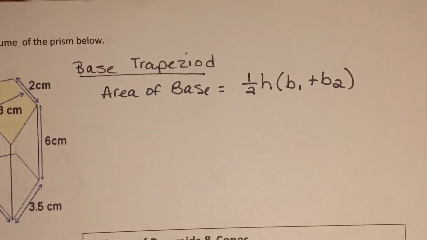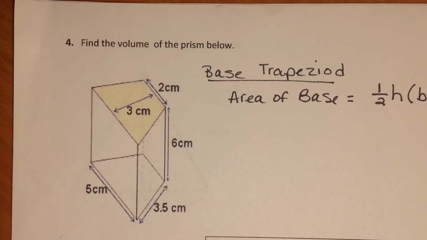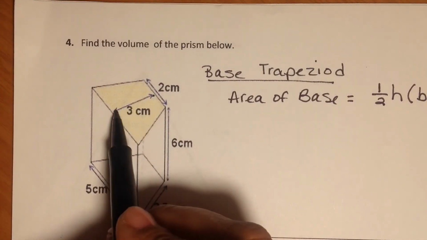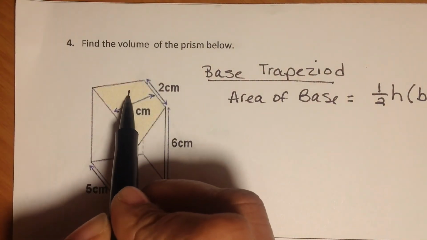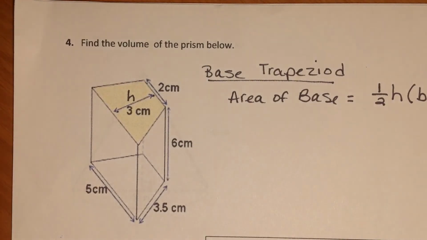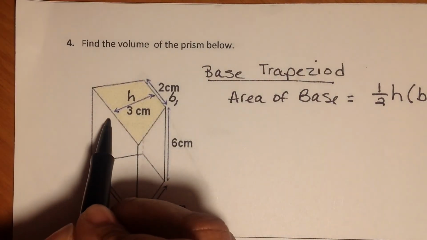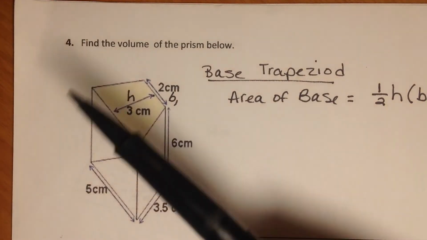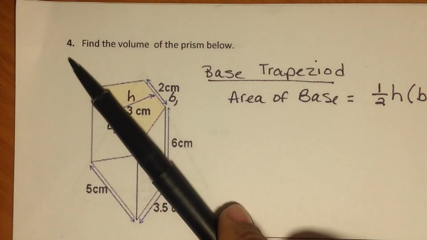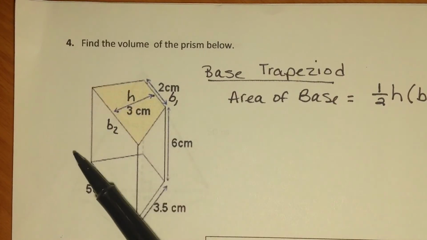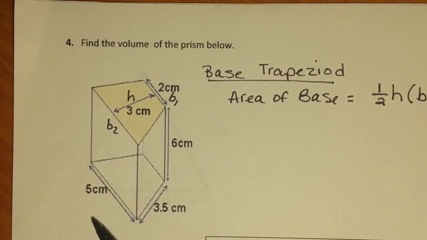Now if we look here, it's showing me that from top to bottom is 3. So this is my height. This I'm going to call my base 1, and this is my base 2. If I look at this diagram, this and this are exactly the same, so this is 5 centimeters, this is going to be 5 centimeters.